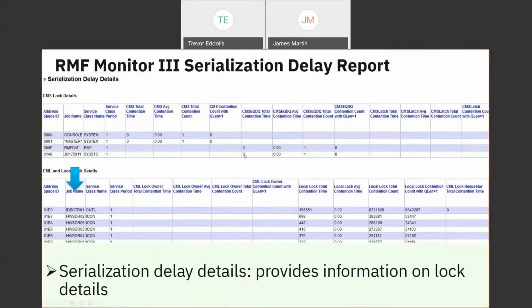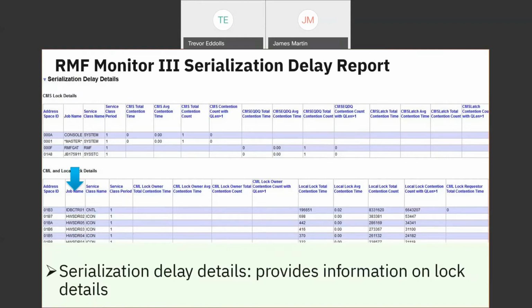Just to expand on it a little bit, you can see that I can also see CML and local lock information. You can see I can get detailed information about lock total contention times. And locking is something that we experience in IMS all the time, and not only IMS, but overall in Z. And locking contention can be something that causes us very serious delays.